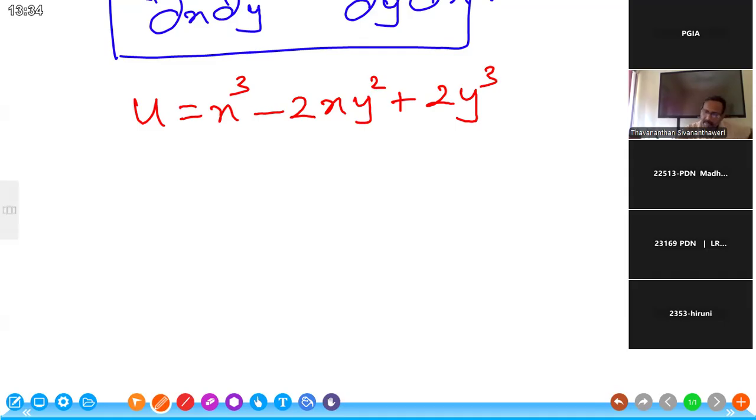What are those variables? u, x, y. Yes, u is one variable, x is another variable, y is another variable.